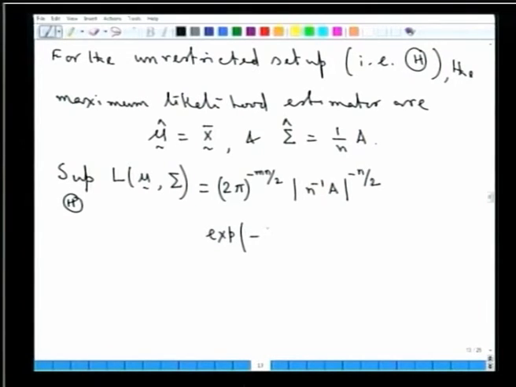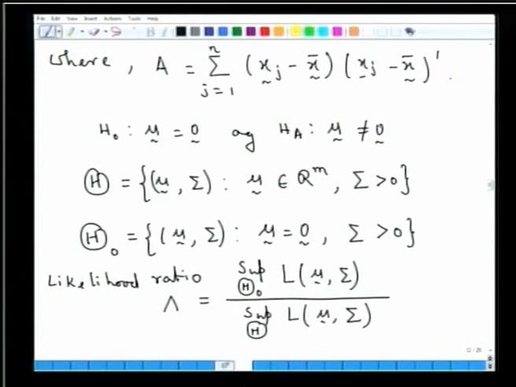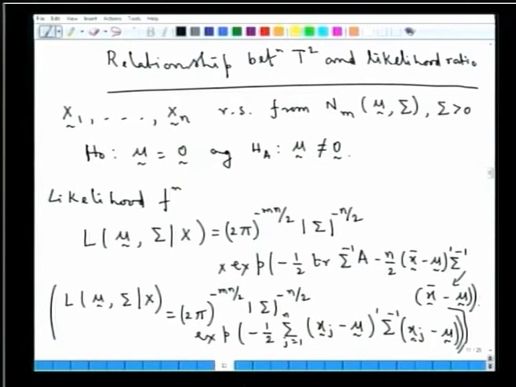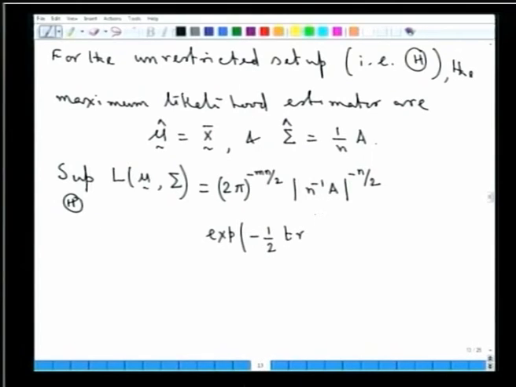Then e to the power minus half trace of sigma inverse A was the term which we had in the likelihood function. So what would that be equal to? Sigma hat is n inverse A, so sigma hat inverse, by invariance of the likelihood principle, would be n times A inverse, and then we will have that A matrix coming as it is.